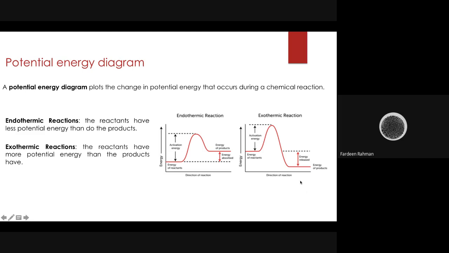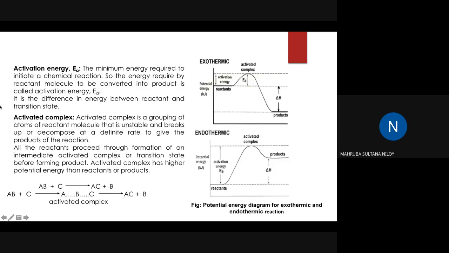Since reactants have excess energy, it needs to be released, so the energy is released to the surroundings. Okay, is it clear to all? Yes, sir. Any confusion here? No, sir. Okay. So then what is the activation energy?